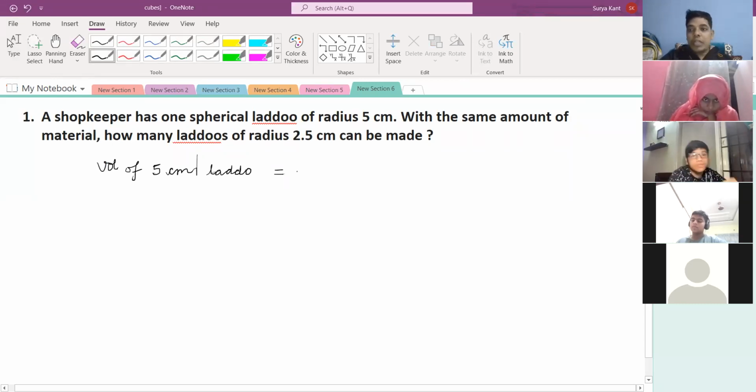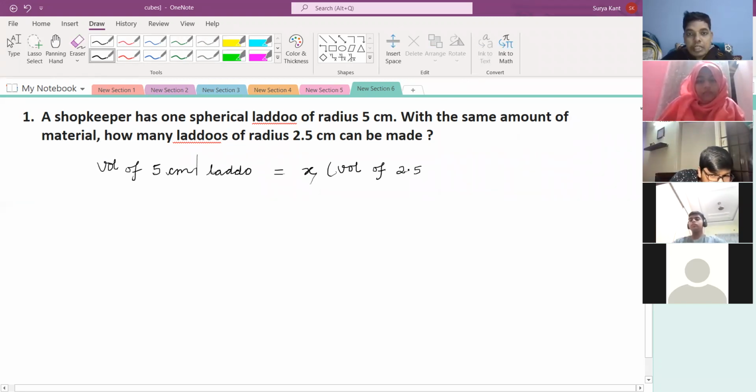We don't know how many smaller laddus there are, so let X be the number of small laddus of 2.5 centimeters. First we need to find the volume of the one spherical laddu, then find the volume of the laddus of radius 2.5 and divide.